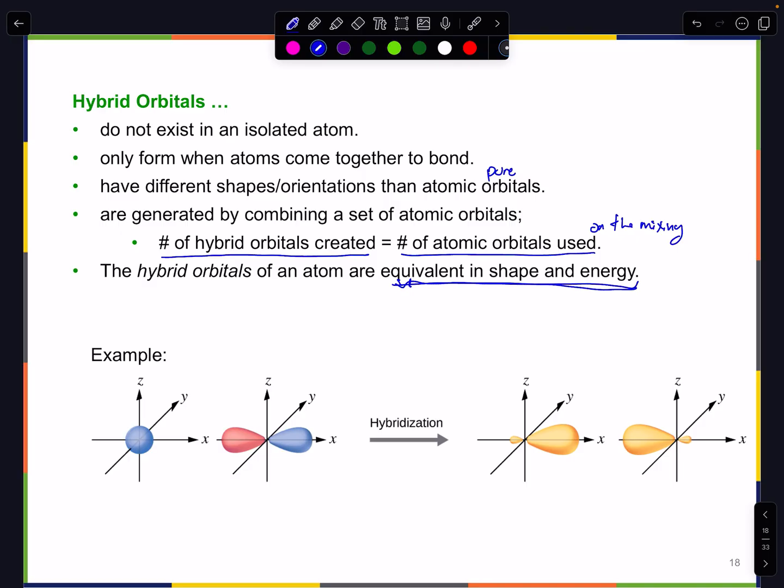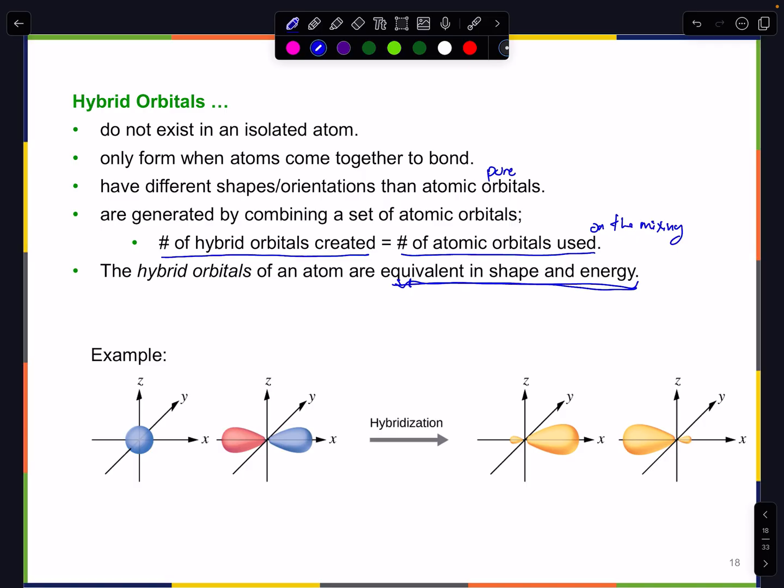They are going to be completely equivalent in shape, and they are going to have the same energy. They are degenerate. And these hybrid orbitals are also going to have less energy than the orbitals that are not participating in mixing. Those orbitals not participating in mixing are going to be called unhybridized orbitals, right?